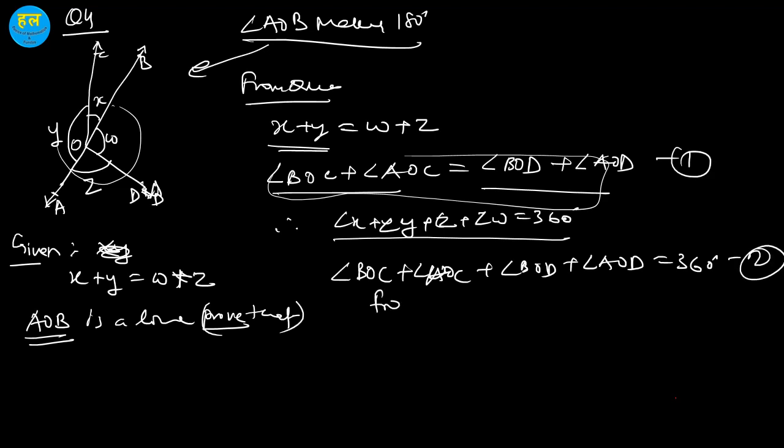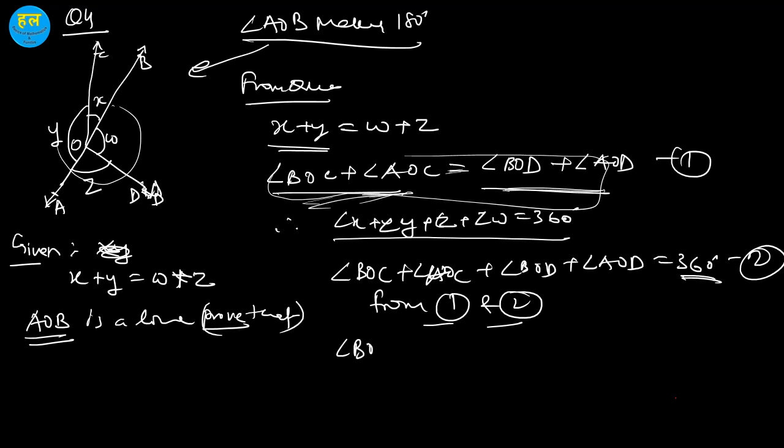So from 1 and 2, there is only one condition where equation number 1 and 2 satisfies. That means these two angles will be equal to these two angles. Let us assume these two angles is equal to this. We can put in equation number 2.